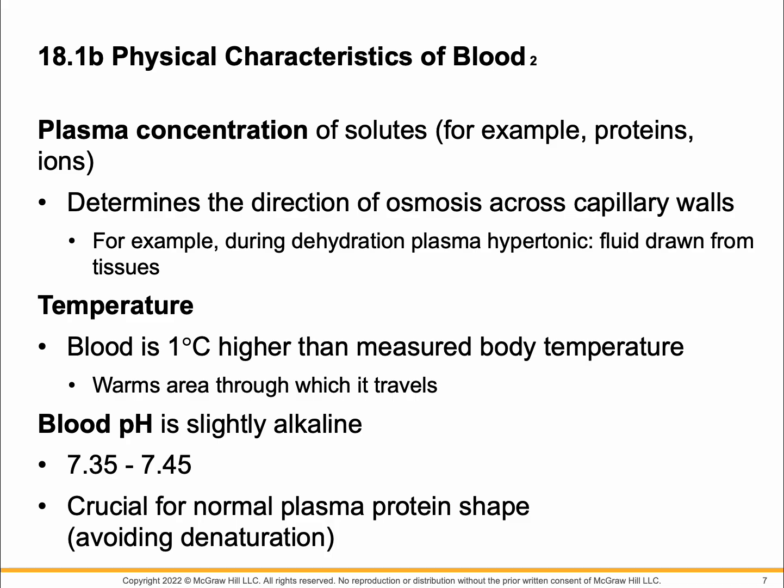Some characteristics of blood. We already mentioned earlier that there's a certain concentration of things in the blood, so proteins and ions and other molecules like glucose. And those concentrations are obviously going to change based on changing the amount of that molecule or ion or protein itself.